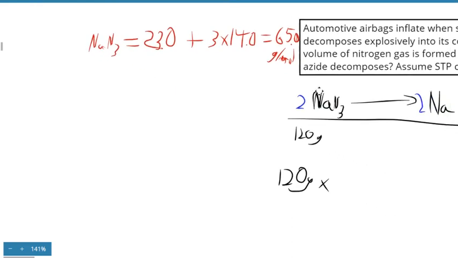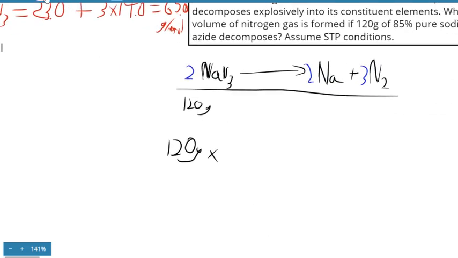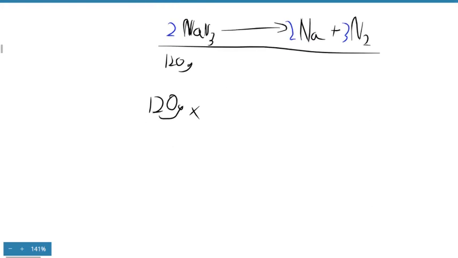Okay, now we can calculate the moles of the NaN3. So 65.0 on the bottom, grams, over 1 mole. And then cancel out the grams. 120 divided by 65.